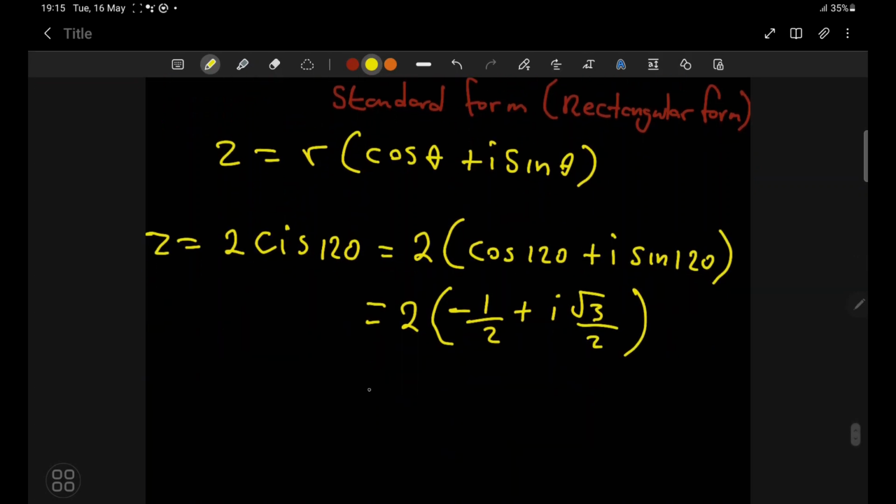Then multiplying 2 throughout, we'll have negative 1 plus i square root of 3. And this is in standard form or rectangular form, then you're done. So this is how you change a complex number in polar form back to rectangular form.